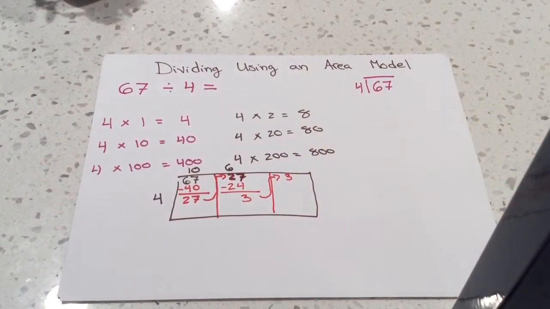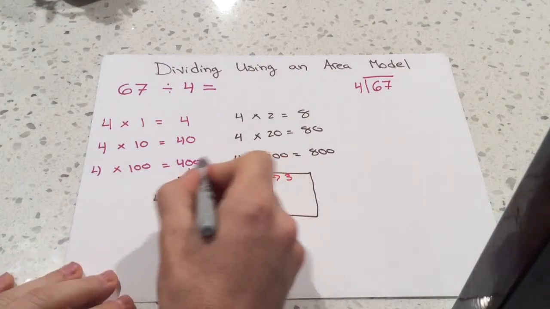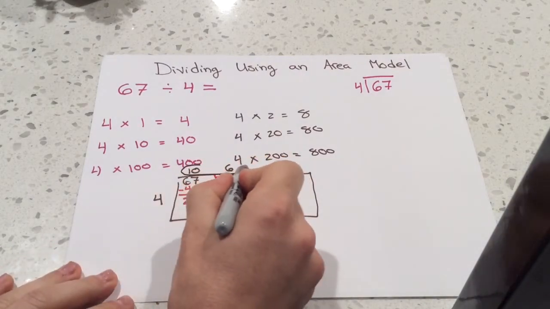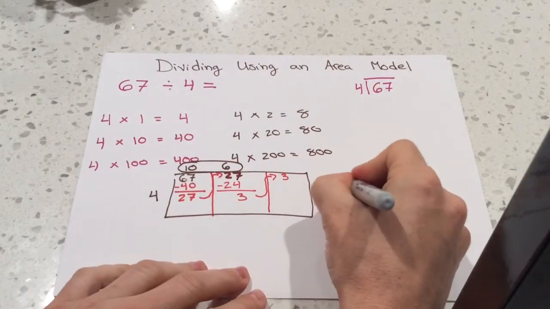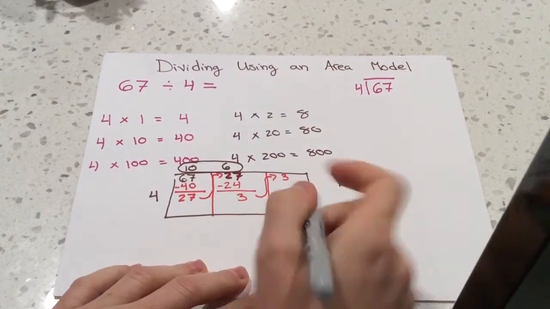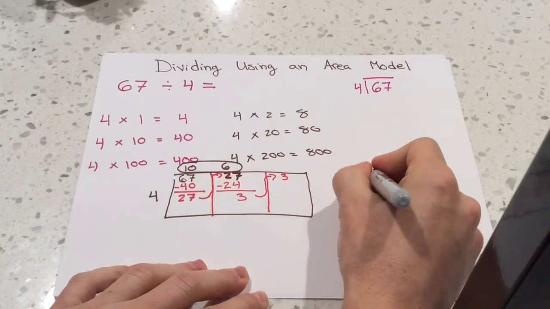If I just have 3 left, I cannot make a group of 4. So now is the time where we think about where our answer is hidden. My first step I took out 10, and my second step I took out 6 groups, which gives me a total of 16 groups. And what was left over is 3.